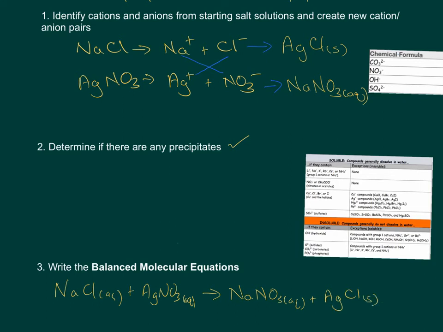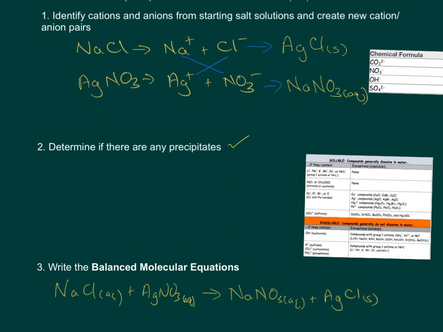And you want to make sure that your equation is balanced at this point, which ours is, because we have one sodium on each side, one nitrate group on each side, a chlorine on each side, and a silver on each side. But your equation would not necessarily be balanced, so you have to make sure it is balanced before you proceed to the next step.